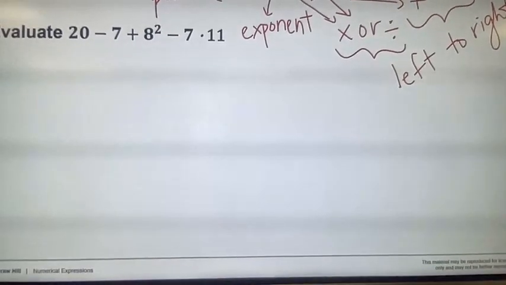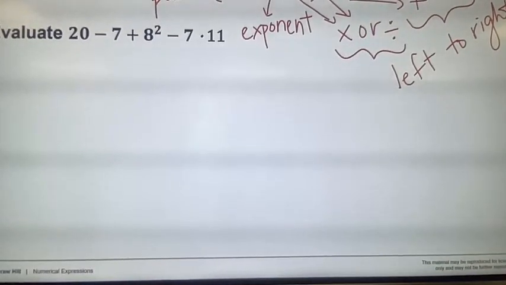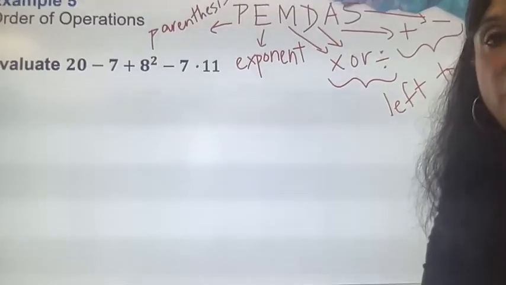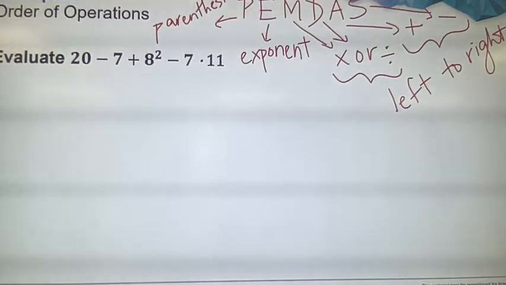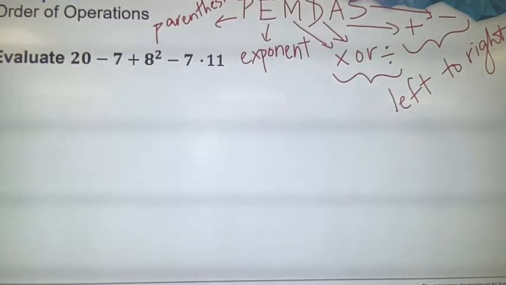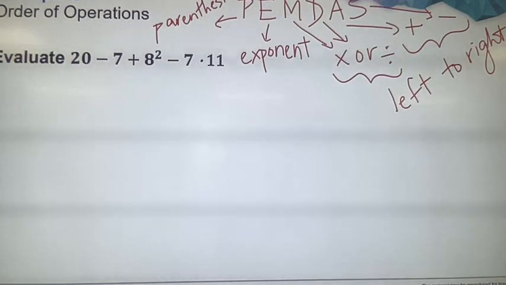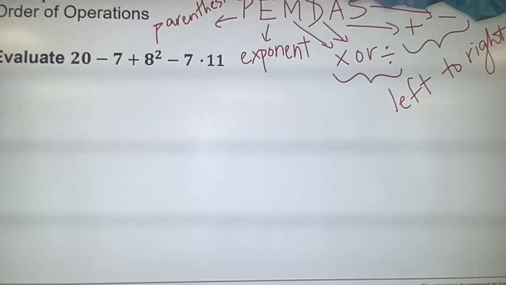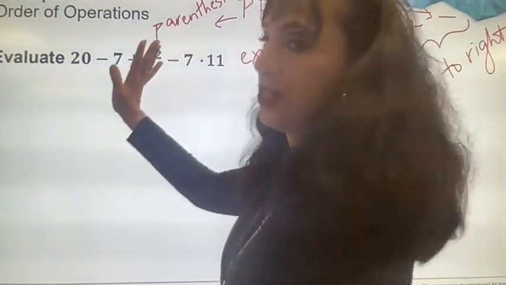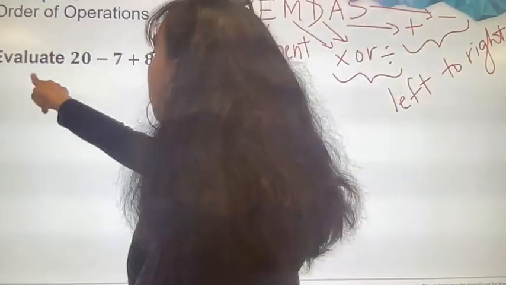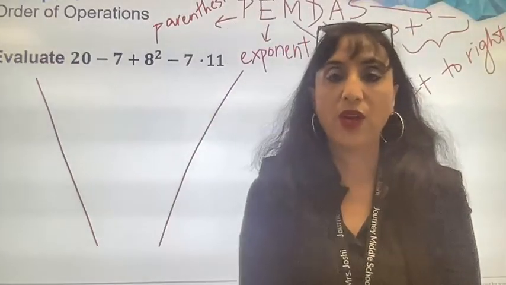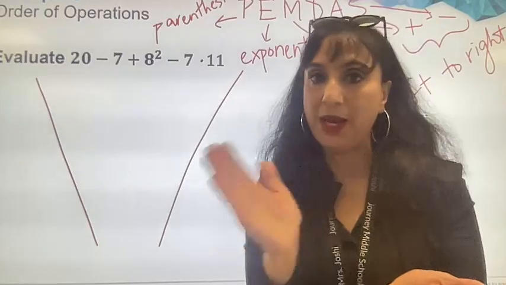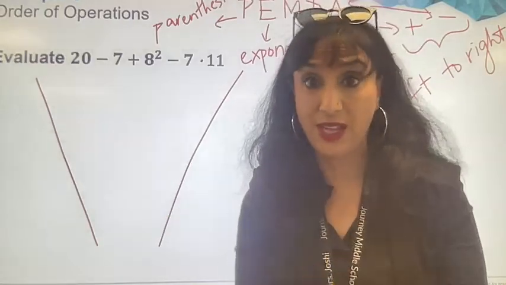Okay, so now let's evaluate this. Do we have parentheses over here? Do I see parentheses? No, there's no grouping going on. So do I have an exponent? Yes, I do. So that's the first thing I'm going to do. And I've taught you in the past, always try to bring it down like this so that it gets narrower and narrower, it's organized, and go step by step by step, and then you circle the answer at the bottom.